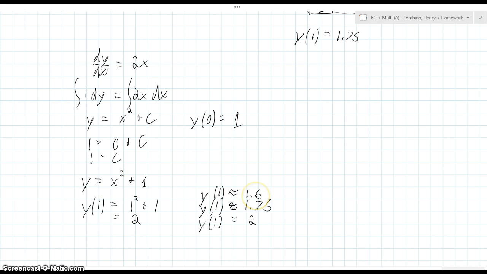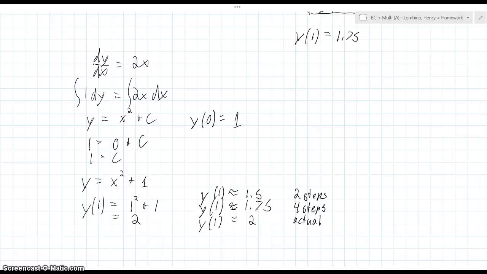So you can see, this is with 2 steps. This is with 4 steps. So you can see as we use more steps, our number becomes more and more accurate, and gets closer and closer to the actual answer. So, in general, you want to use as small steps as possible, then your accuracy will increase.